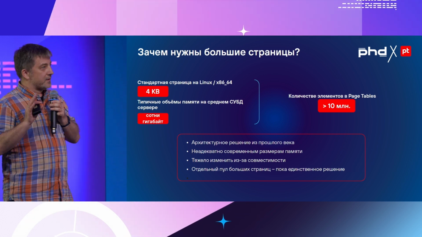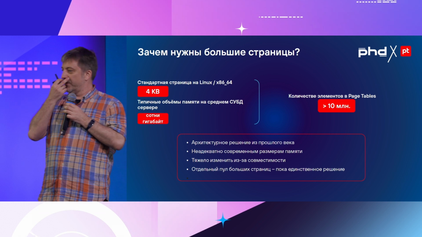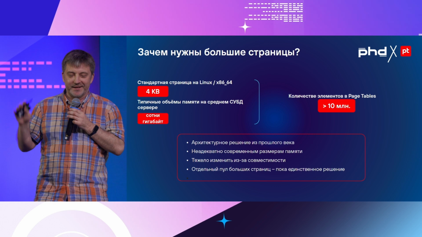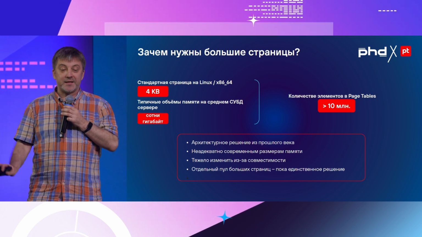The problem is that a standard page in x86-64 architecture is just 4 kilobytes. That was determined historically in the last century.